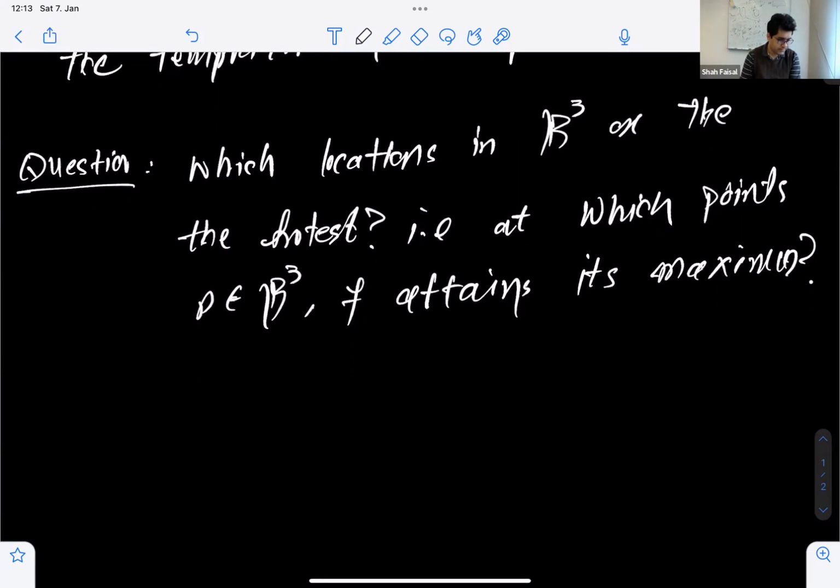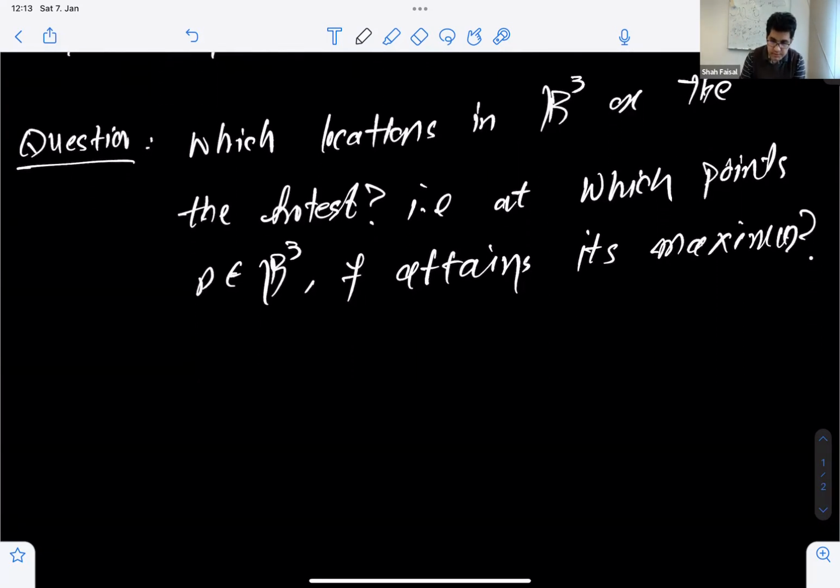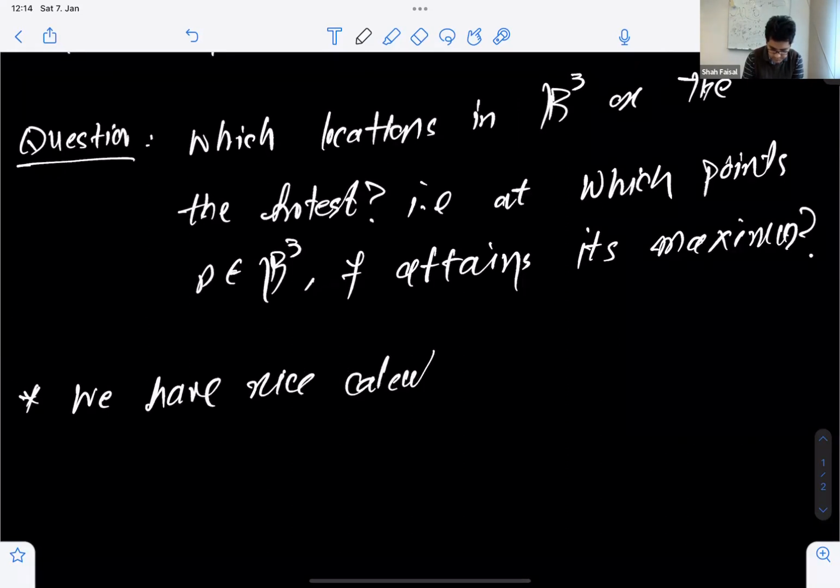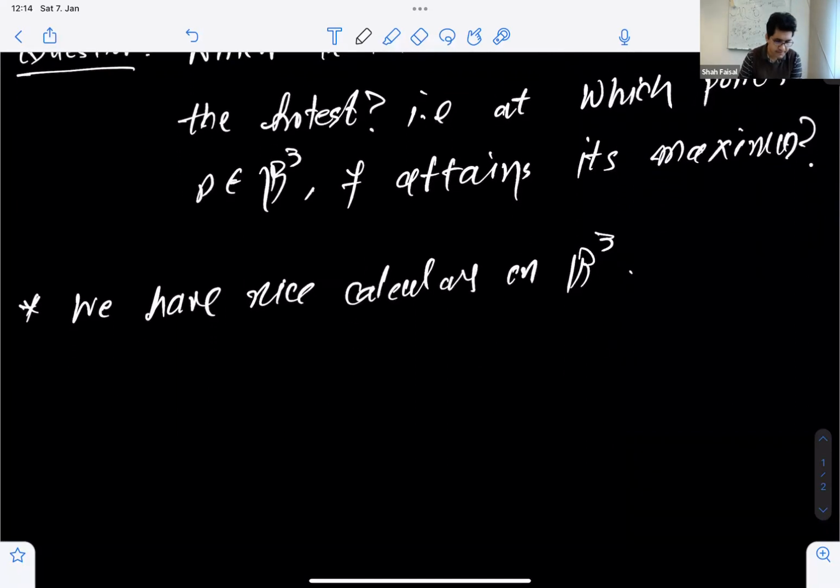So, well, that's a question, and there are many ways to solve it. One of the easiest ways is that we have nice calculus on R3. By calculus, I mean the way of differentiating and integrating things, roughly speaking.